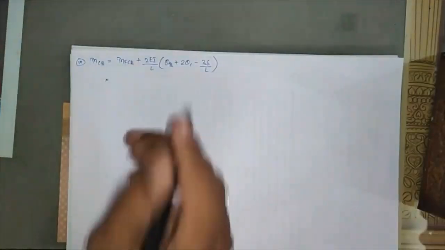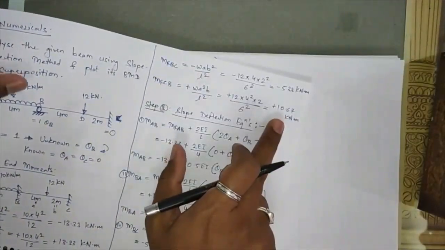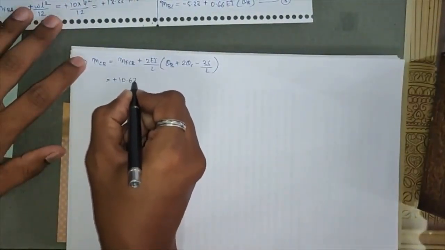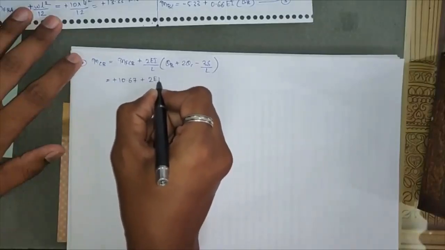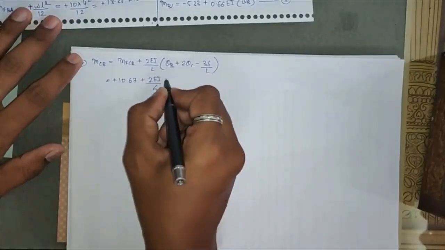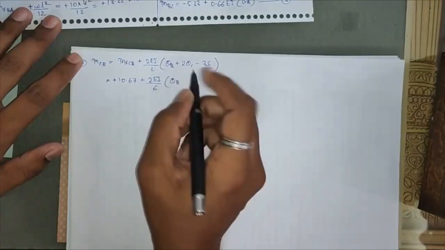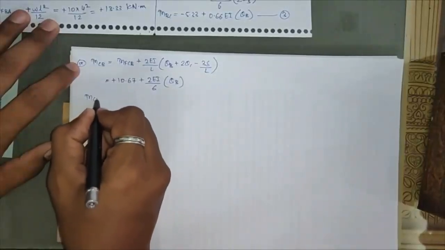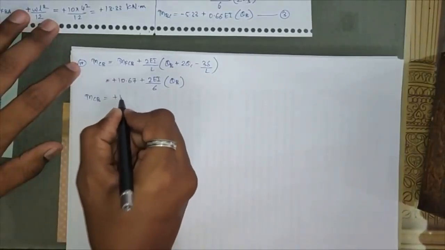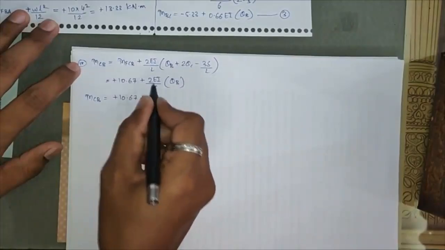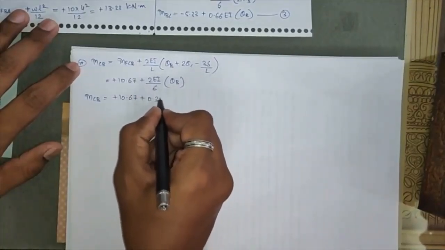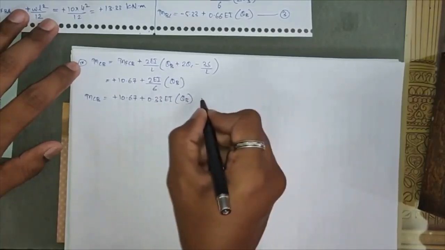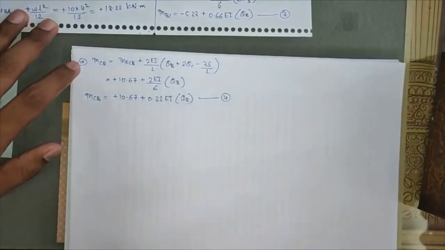MFCB that we have calculated, we have got that equal to plus 10.67. So plus 10.67 plus 2EI, length of member CB is again 6, into bracket what will remain? Just theta B. Theta C is 0, delta is also 0. So what equation will we get? MCB is equal to plus 10.67 plus 2 by 6, that I will get as 0.33 EI into bracket theta B. This will be my equation number 4.